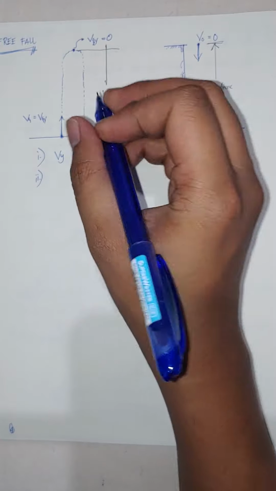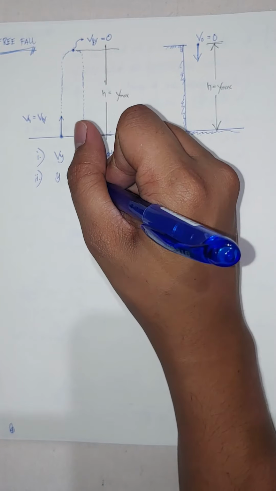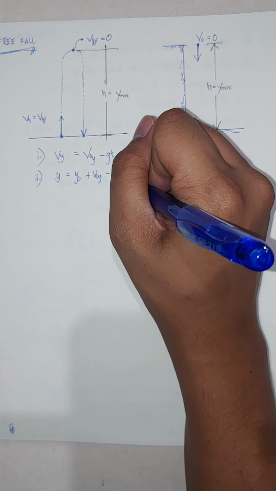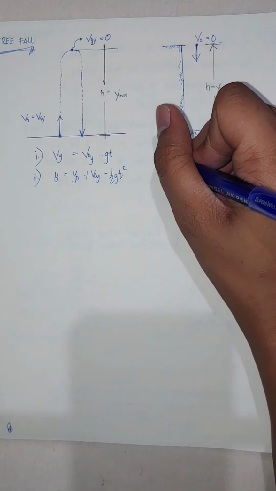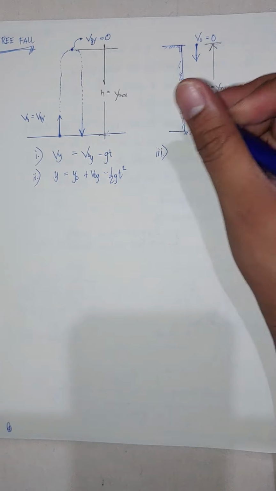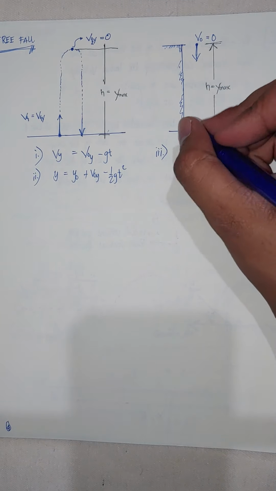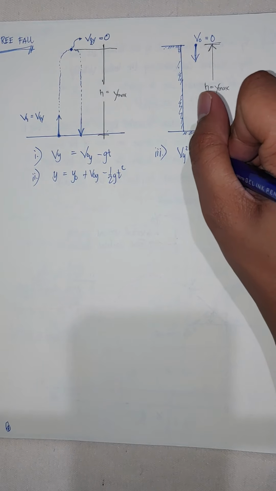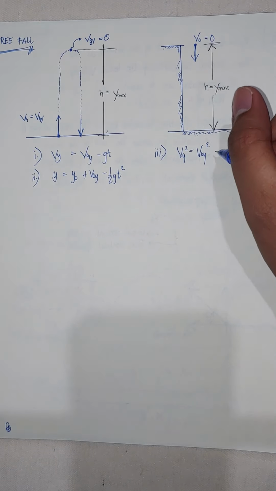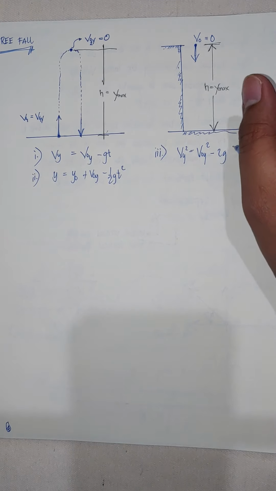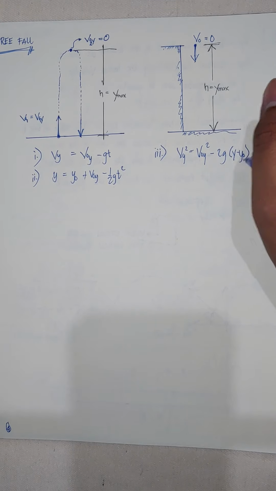You also have y is equal to y naught plus voy t minus 1 half gt squared. And the third one, we have vy squared is equal to voy squared minus 2g times y minus y naught.